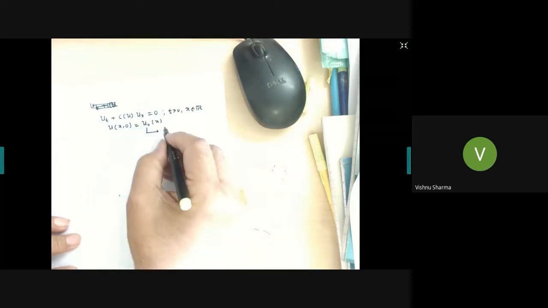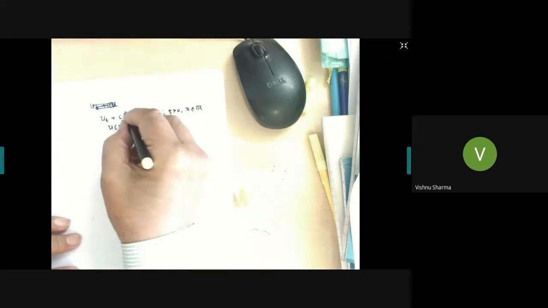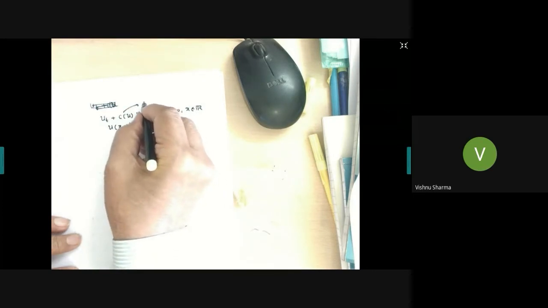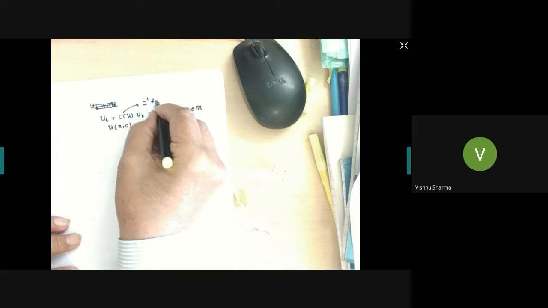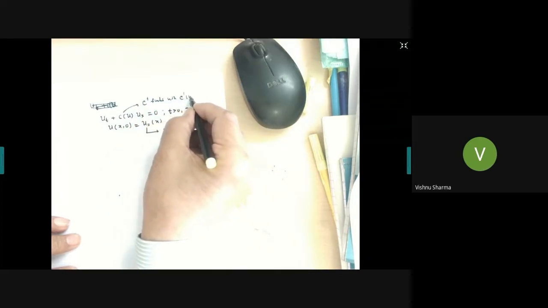This is a C1 function, let me say, and this is also a C1 function with c dash u greater than 0.